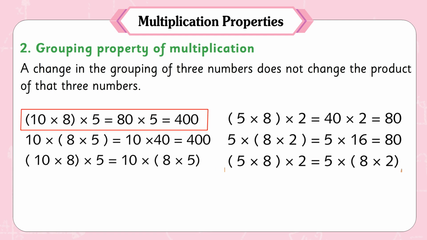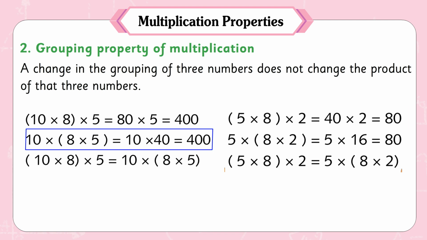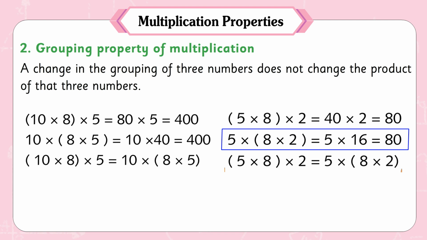10 into 8 into 5 is equal to 80 into 5 is equal to 400. 5 into 8 into 2 is equal to 40 into 2 is equal to 80. 10 into 8 into 5 is equal to 10 into 40 is equal to 400. 5 into 8 into 2 is equal to 5 into 16 is equal to 80.